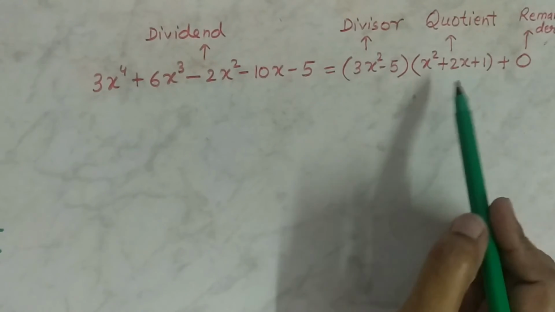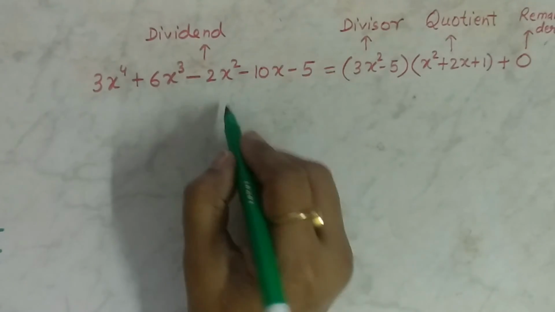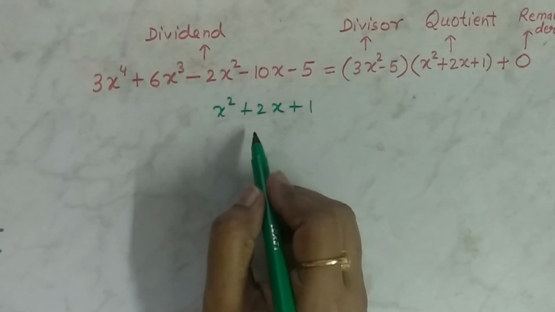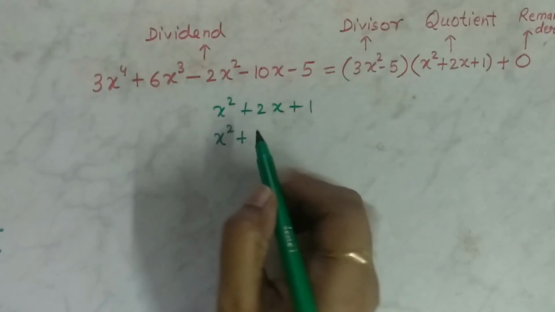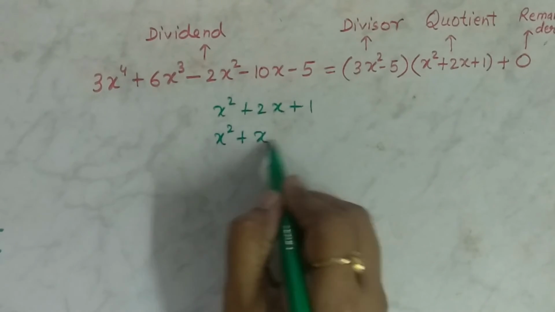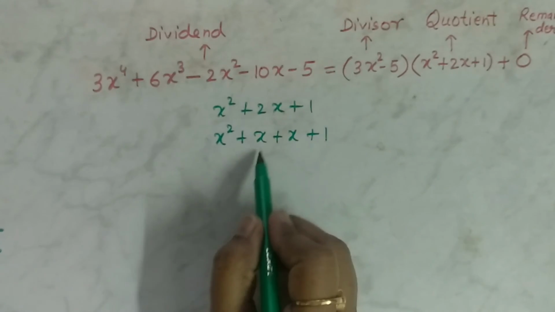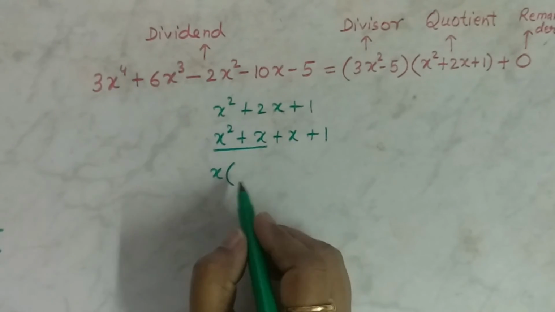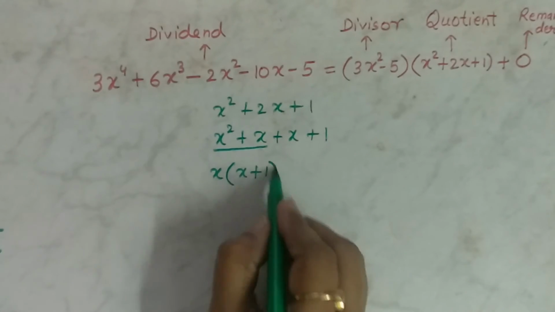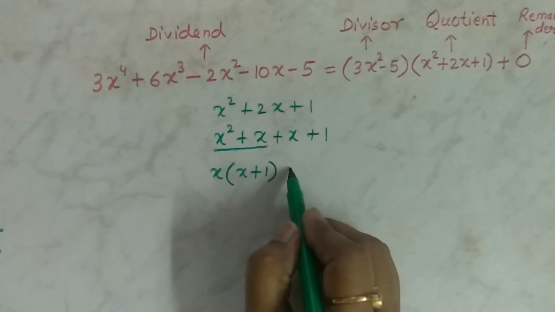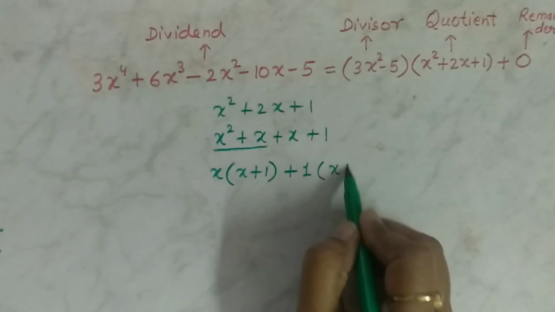Okay. So now if we factorize this quotient, we will get another two zeros. So let us factorize this quotient, which is x square plus 2x plus 1. So it is very simple. 2x can be broken as x plus x, plus 1. So from this part, take x out as common, you will get x plus 1. And from this part, this is already x plus 1, so you can take out plus 1. So you get x plus 1.